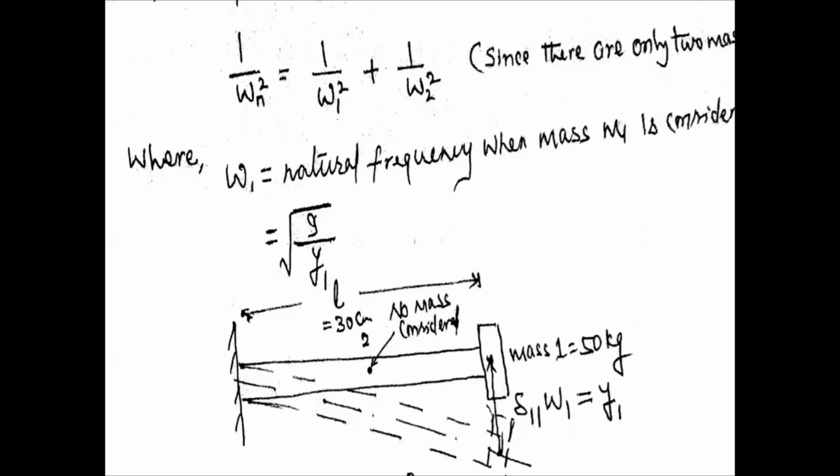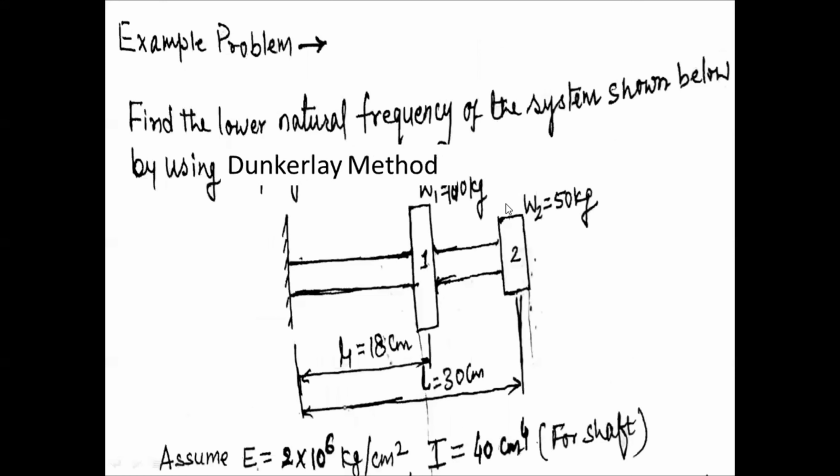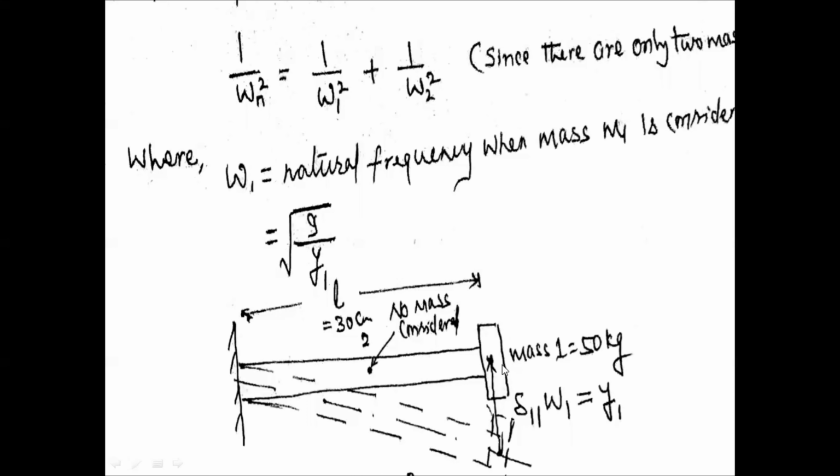Now let me first calculate the value of omega 1. The omega 1 is the natural frequency when mass m1 is considered and mass m2 is not considered. So suppose I say that mass 1 is acting at the point, which is 50 kg.